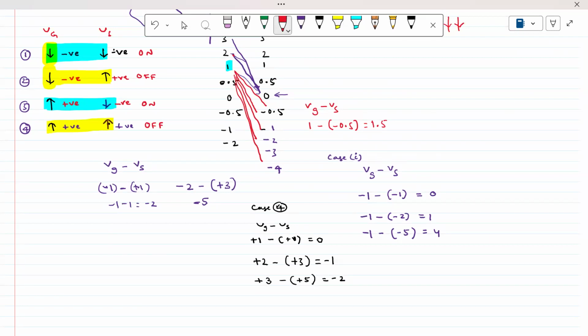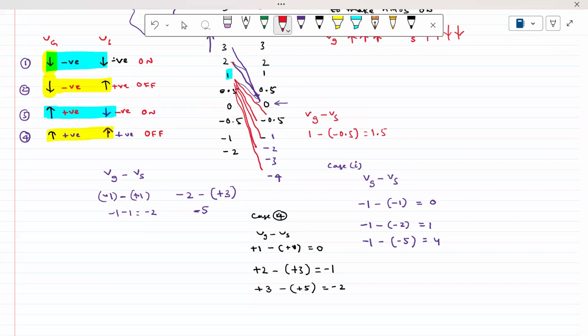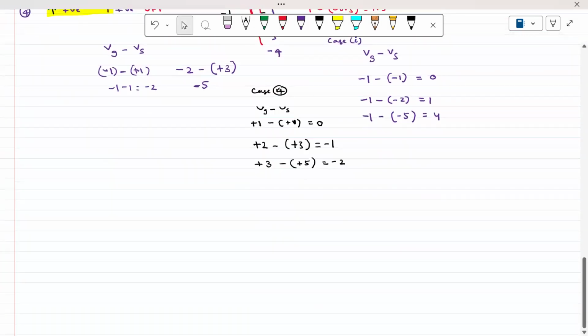We have to compare the gate potential to the source potential in order to make the transistor on or off. If the source is more negative compared to that of the gate, then it becomes on. If it is more positive than that of the gate, then the transistor is off, right? That's what I have mentioned here. So therefore, please remember, whenever you see the gate here like this.